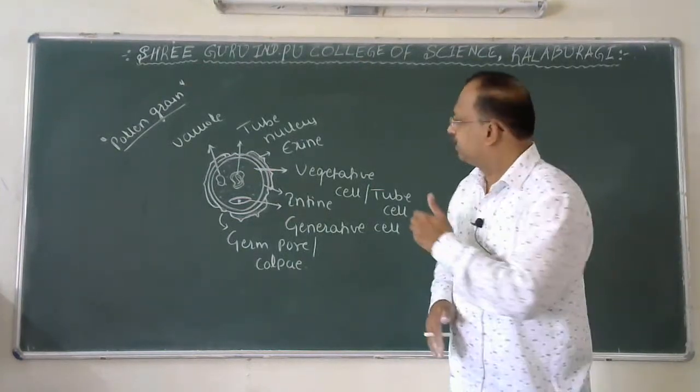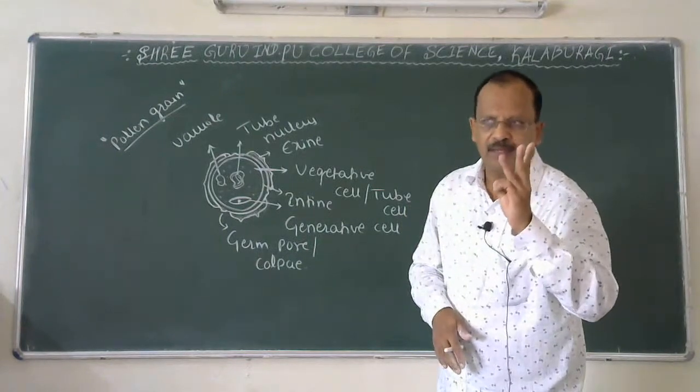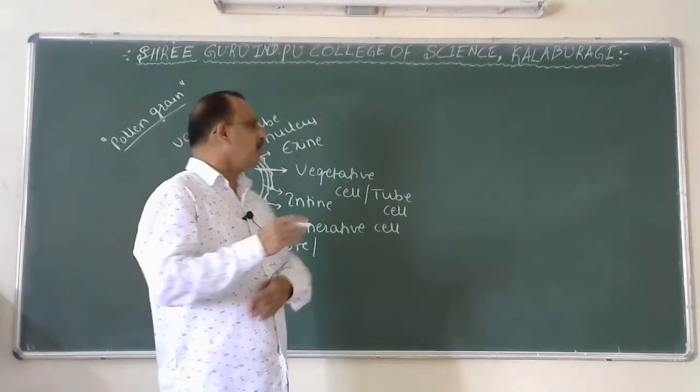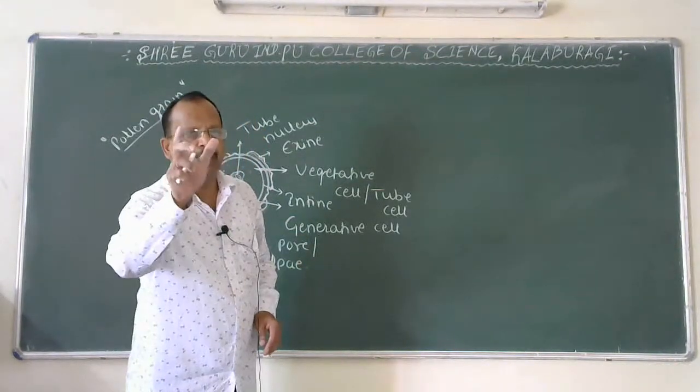Now look at one more important matter, structure of pollen grain or microsporangium. It will appear generally for 3 marks. Okay. So pollen grains are spherical in shape. Spherical means ball-like.